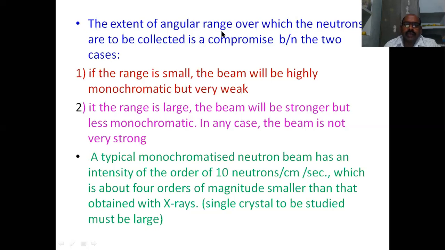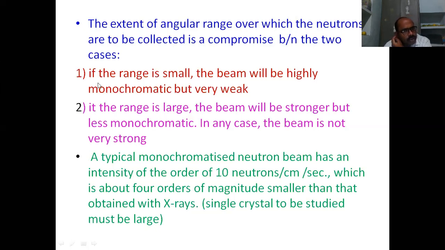That means it is a wide range. So it depends on two factors: the extent of angular range over which the neutrons are to be collected is a compromise between the two cases.